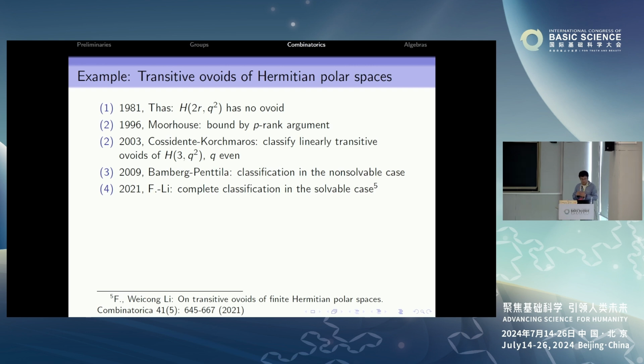The difficult part is the solvable case. So in 2003, Costantini and Korchmáros classified the linearly transitive ovoids. The 3 is the non-solvable case, and 4 is the solvable case. And the first and second do not make assumptions on the transitivity.